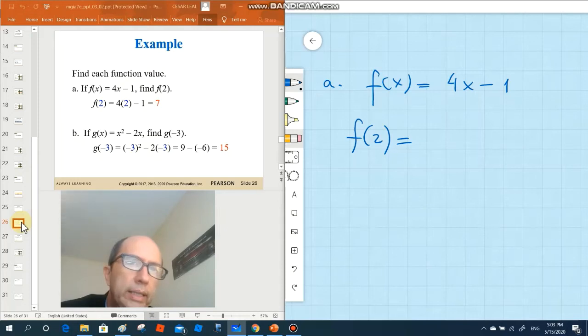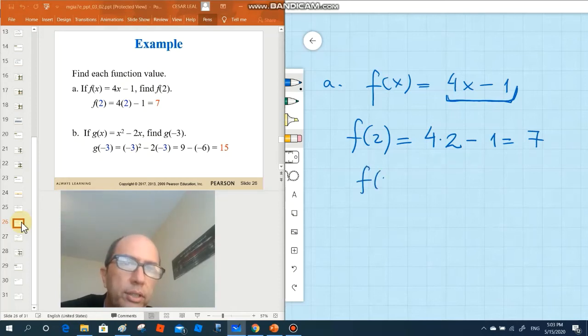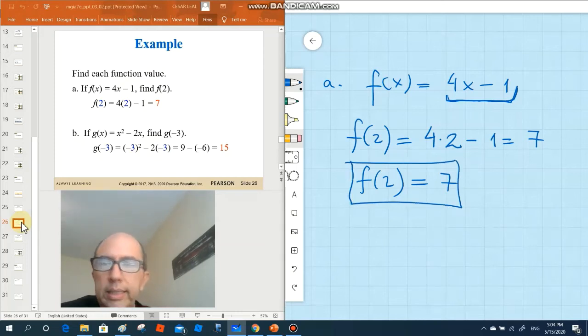You're going to plug in x equals 2 in the function, on this expression here, and then you're going to have 4 times 2 minus 1, which is 8 minus 1, 7. So f of 2 equals 7. This is as simple as that.